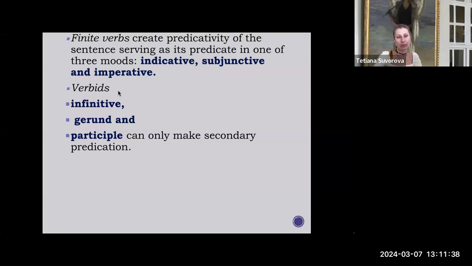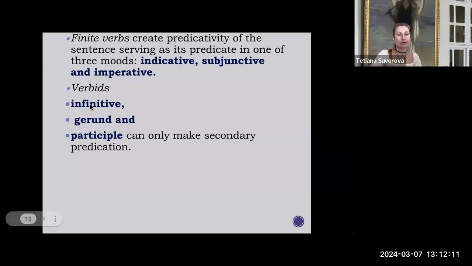Because verbids, as I mentioned to you, can't express the category of person, and they can't express directly the category of tense and number, of course. So two groups exist in both languages, and it's easy to remember the term verbids.